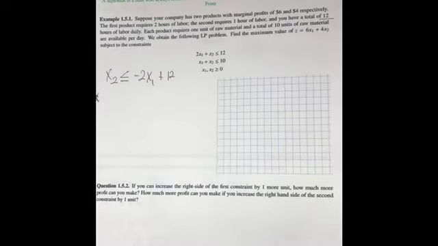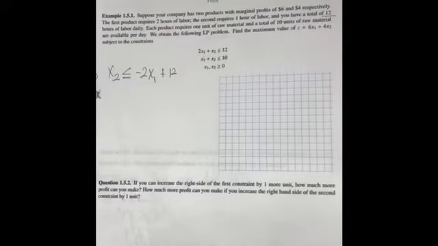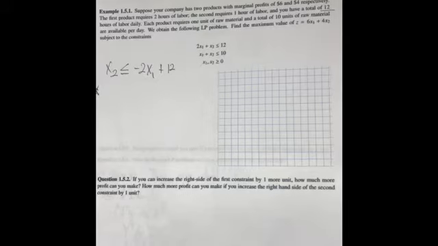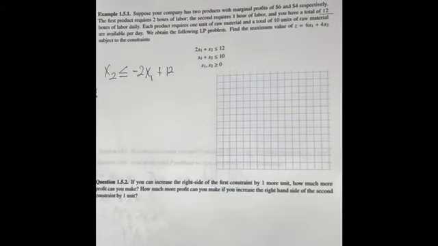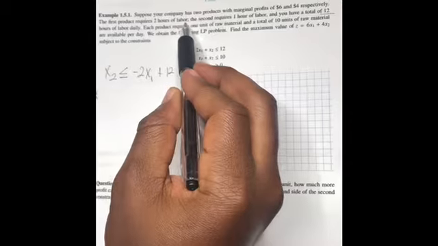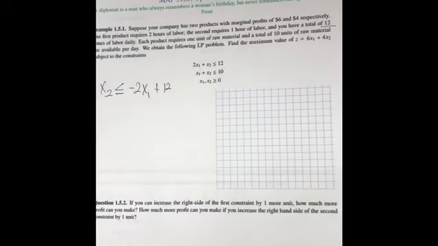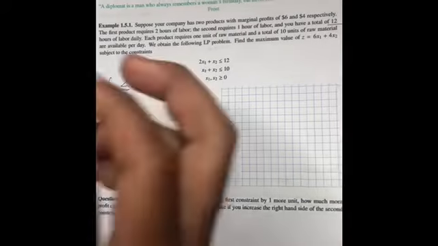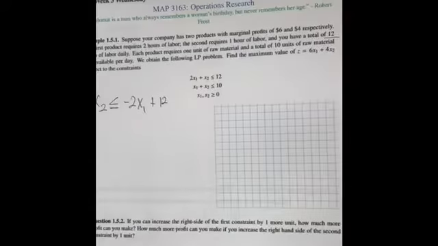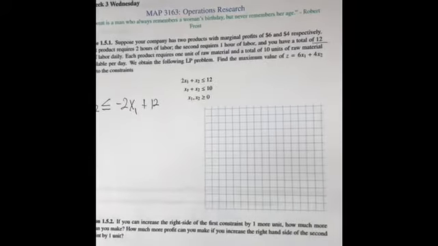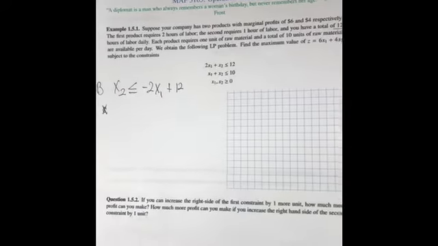Suppose your company has two products with marginal profits of $6 and $4 respectively. The first product requires 2 hours of labor. The second requires 1 hour of labor. You have a total of 12 hours of labor daily. Each product requires 1 unit of raw material, and a total of 10 units of raw material are available per day.